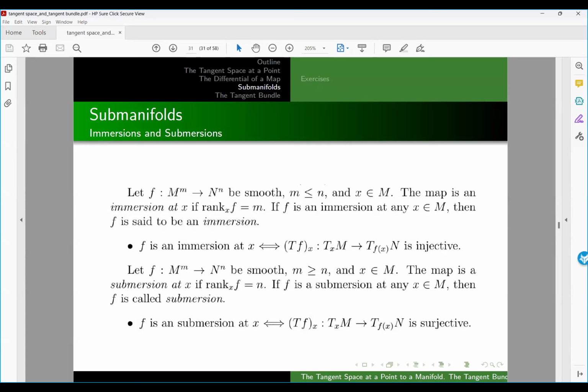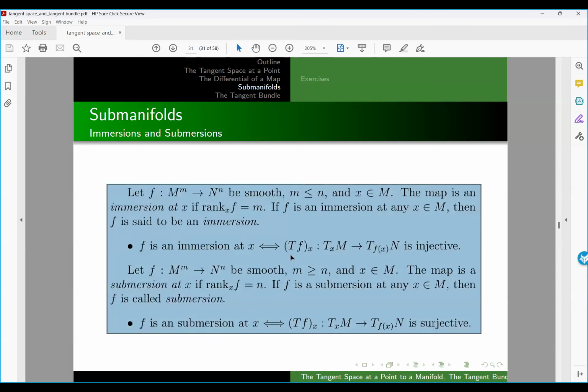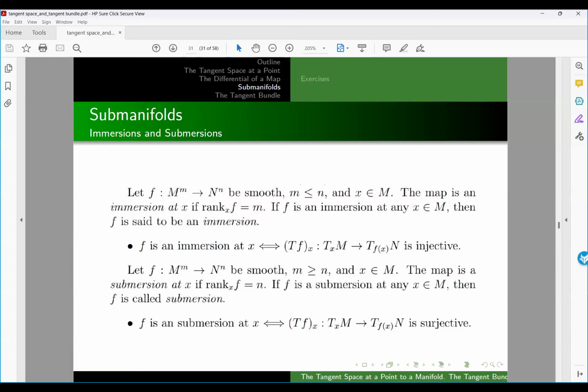Now, in the second case, the dimension m of the domain is greater than or equal to the dimension of the codomain N, and the rank of F at x is n, again the maximum possible, which now is the dimension of the codomain. Then we say that F is a submersion at the point x, and a submersion on the manifold if it's a submersion at any point x.